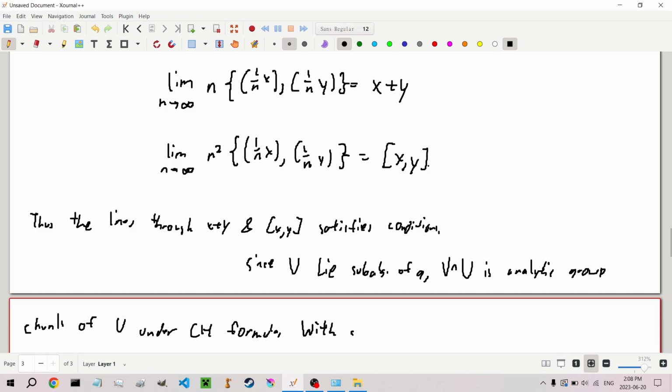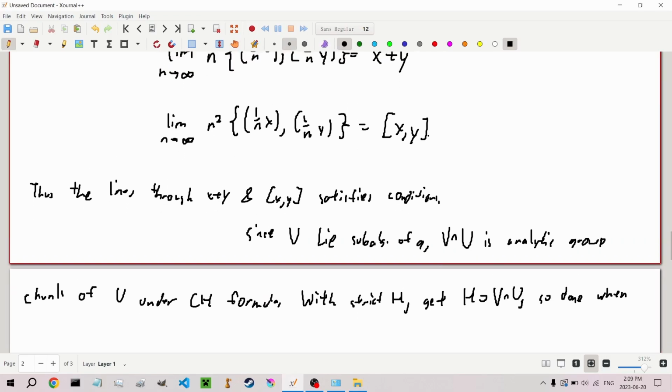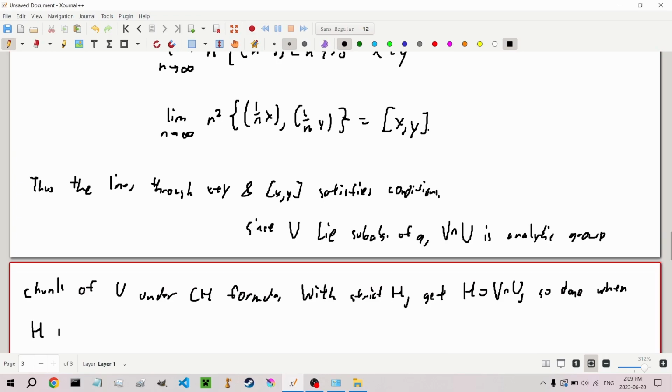Under the assumption of strictness of H, we see that H contains the intersection of V and U. So we are done if we show that H is contained in V in a neighborhood of 0.